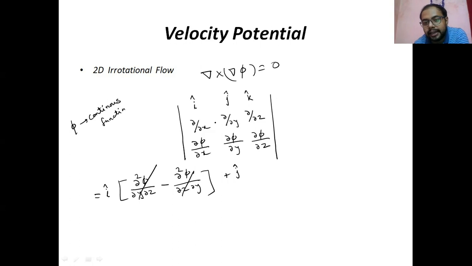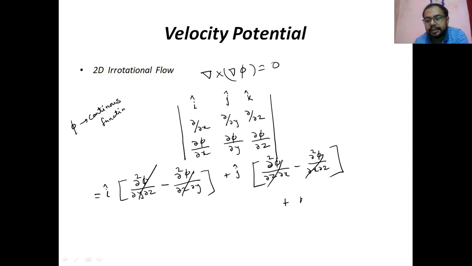If you consider the j component, it is d dz of del phi del x, so it comes as del square phi del z del x minus del square phi del x del z.